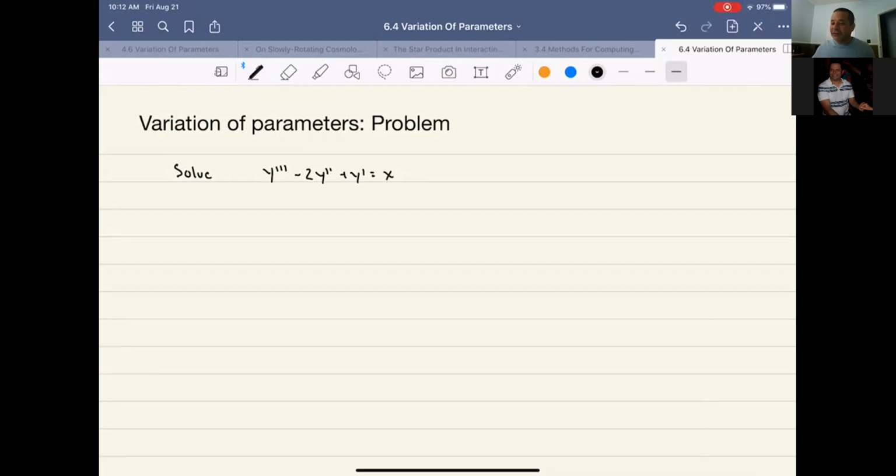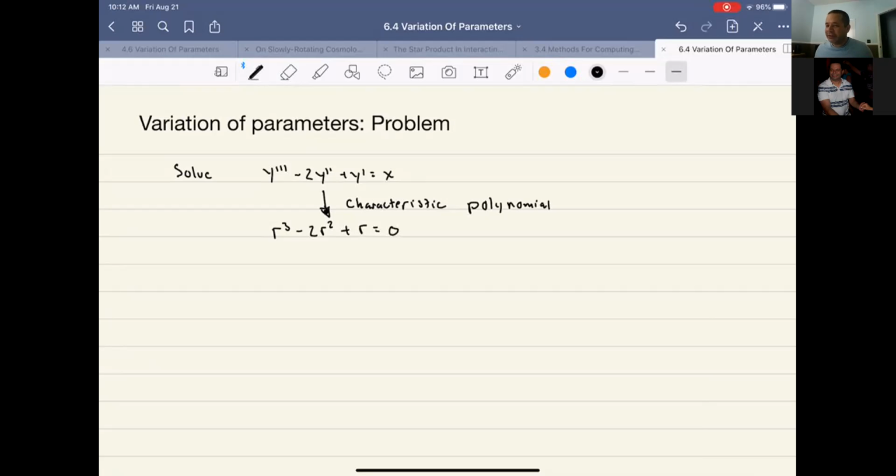Okay, so let's first start with the homogeneous equation, the characteristic polynomial. That's easy enough. So r cubed minus 2r squared plus r equals 0.